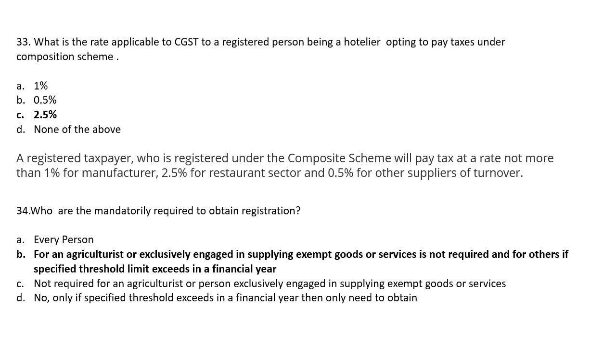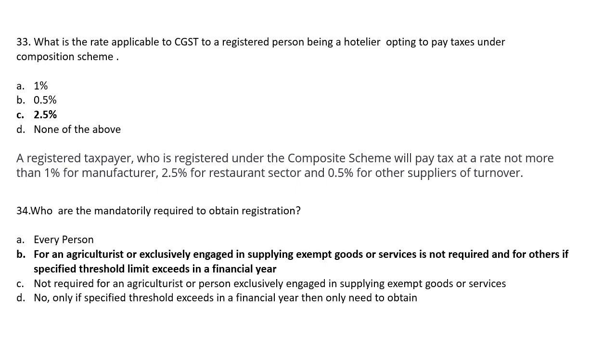Who is mandatorily required to opt for registration? Option A, every person. Option B, for an agriculturist or a person exclusively engaged in supply of exempt goods or services it is not required, and for others it is required if the specified threshold limit is exceeded in the financial year. Option C, not required for the agriculturist or person exclusively engaged in supply of exempt goods or services.